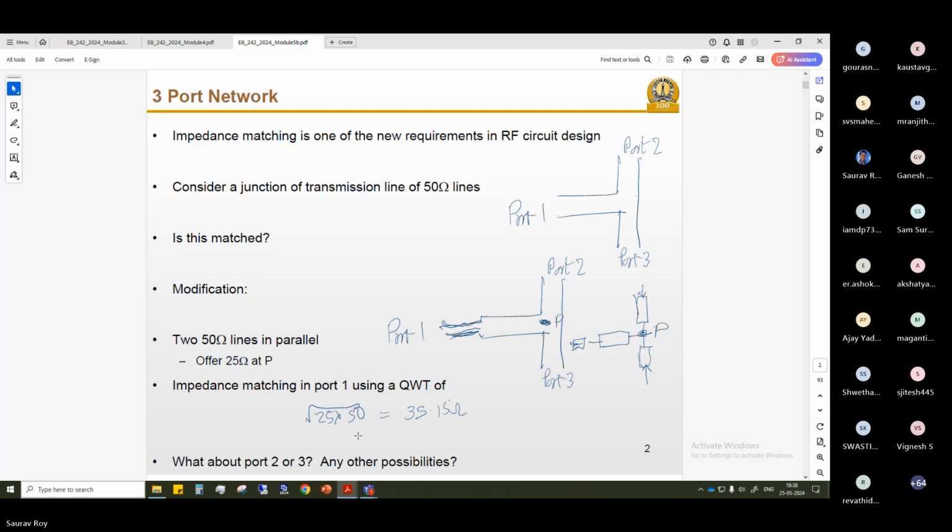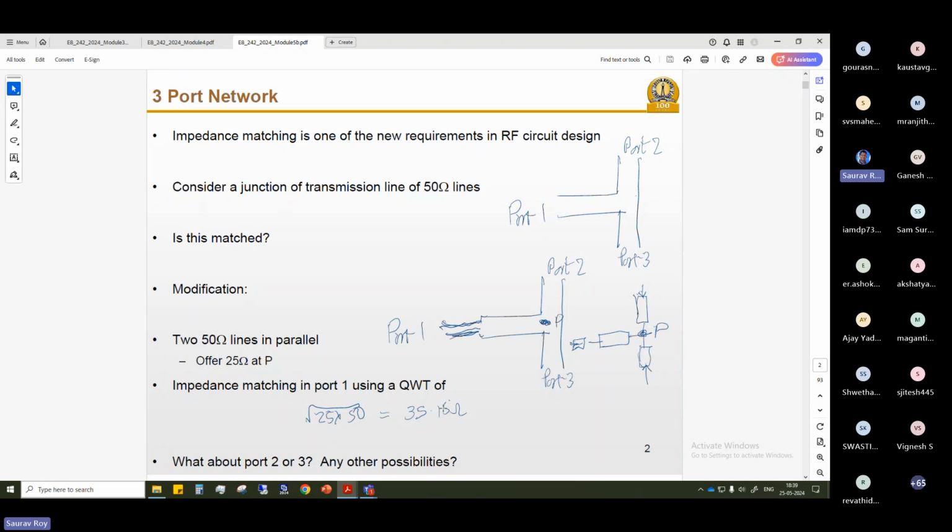So if you have to match port 1 using a quarter wave section, you can add the square root of 25 into 50. Why 25? Because at the junction point P you have port 2 and 3 in parallel, 50 ohm parallel 50 ohm, which means your load ZL is 25, and you want your input to be 50 ohm. So Z naught is the square root of 50 into 25, which is close to 35 ohm.